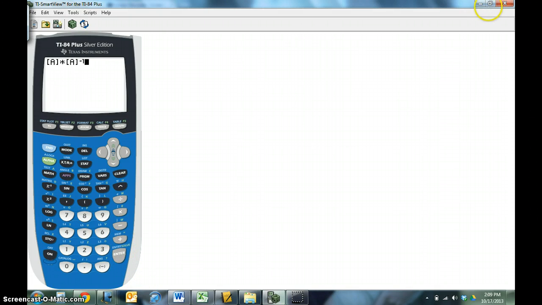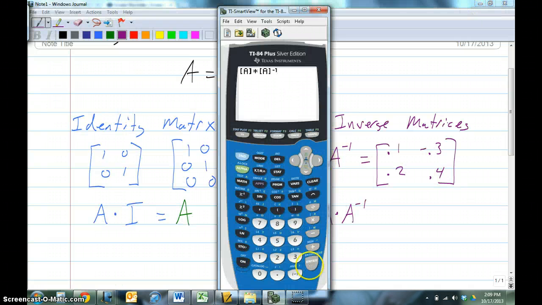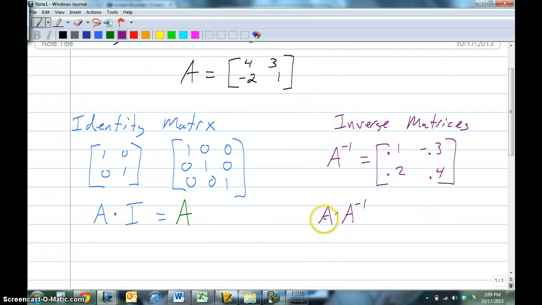What do you think is going to happen? Take a guess. Let's see. Press enter, and what is that? That is the identity matrix. If we do matrix A times the inverse of matrix A, we will get the identity matrix. That's pretty crazy, huh?